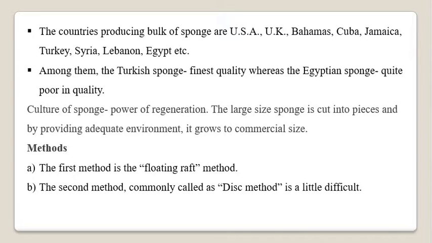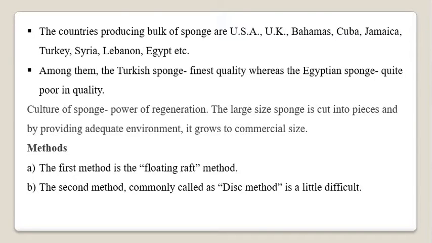Let's see which countries are involved in bulk production of sponges. USA, UK, Bahamas, Cuba, Jamaica, Turkey, Syria, and a number of other countries are engaged in sponge culture. But out of them, Turkey produces the finest quality of sponges.